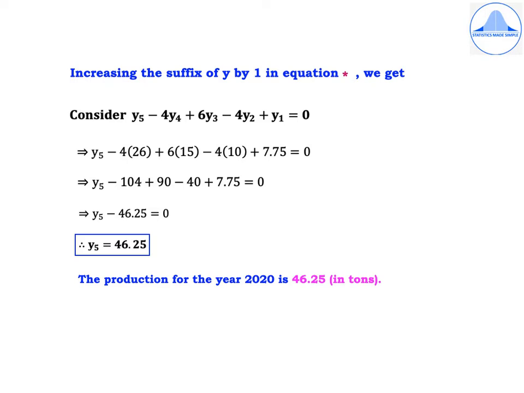Therefore, we get Y5 is equal to 46.25, or the production for the year 2020 is 46.25 in tons.